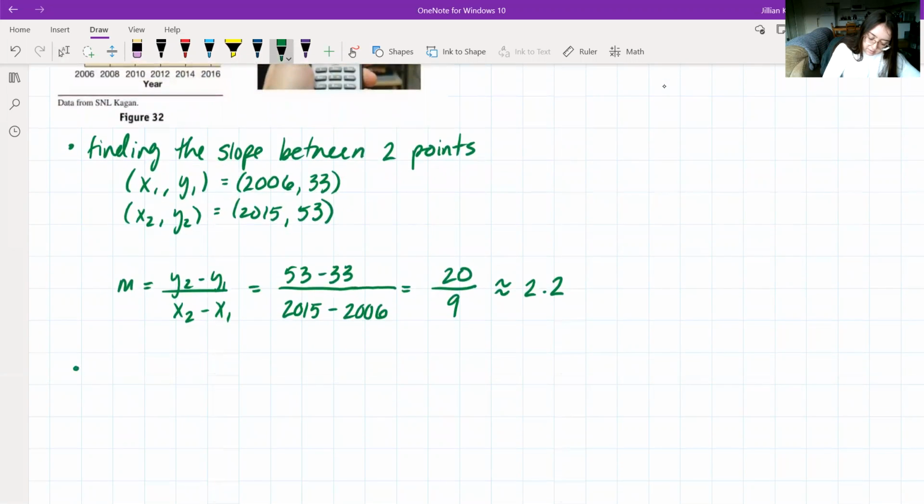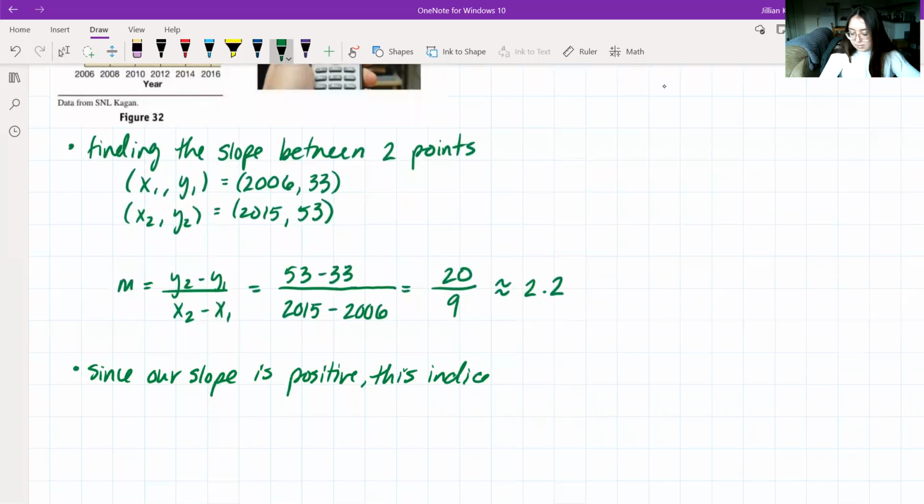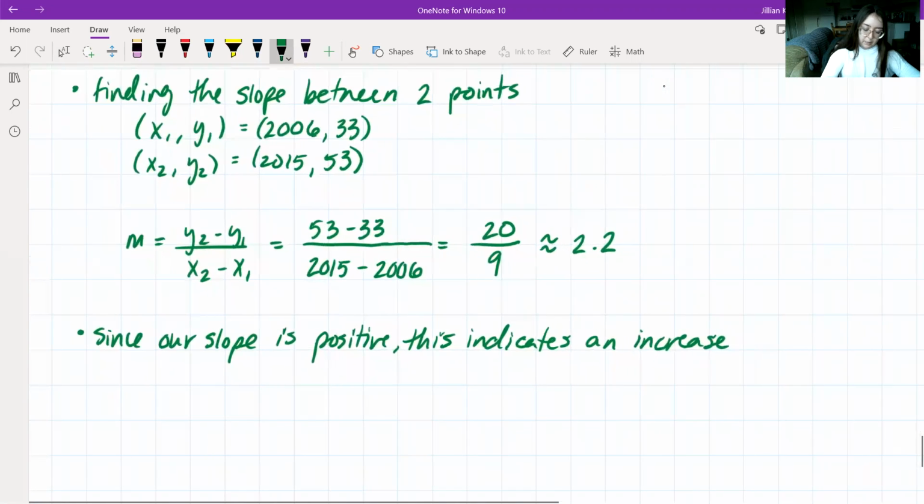And since our slope is positive, this indicates an increase.